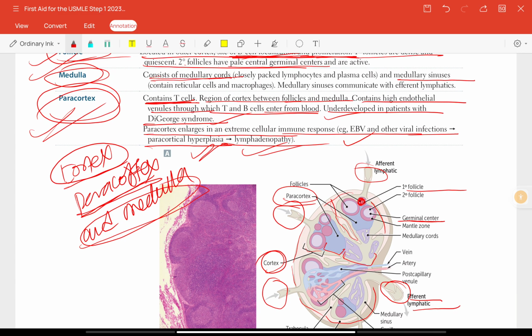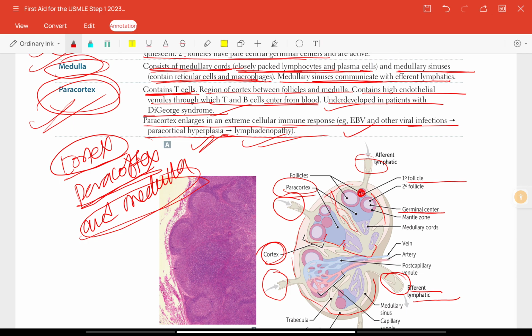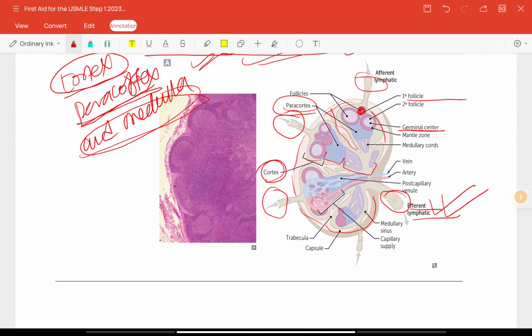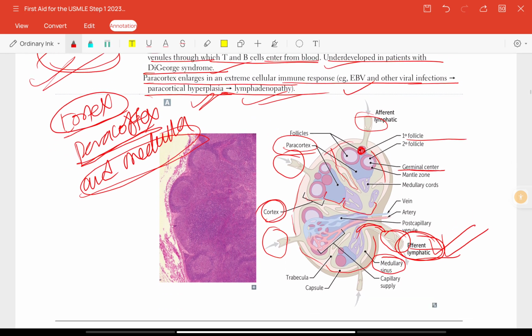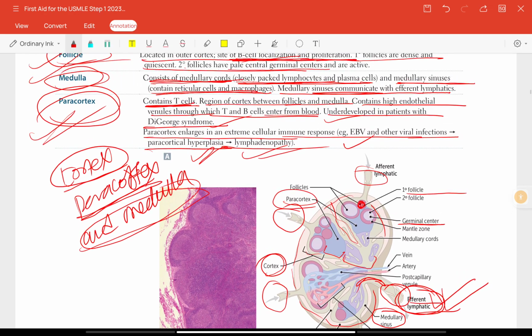Medullary cords are closely packed lymphocytes and plasma cells. Medullary sinus contains reticular cells and macrophages. Medullary sinus communicates with efferent lymphatics.